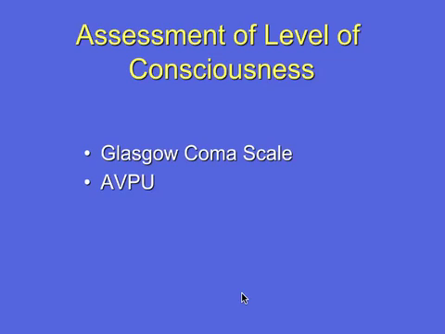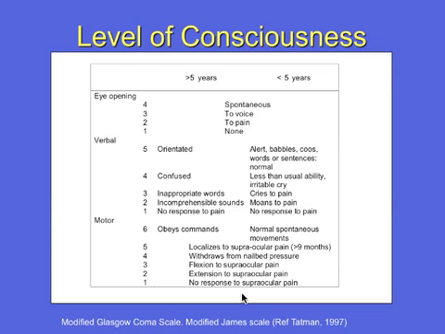So assessment of level of consciousness comes in various ways, but the most popular one that we use is the Glasgow Coma Scale, and then a very abbreviated version of this is the so-called AVPU algorithm. So this is the Glasgow Coma Scale, and it's worth just spending a few moments paying attention to this.